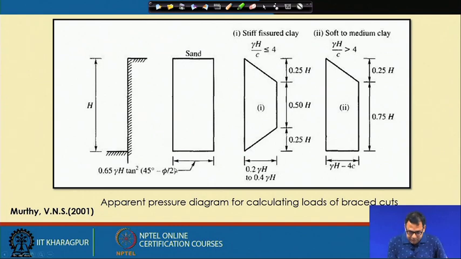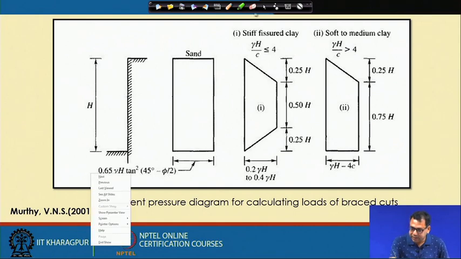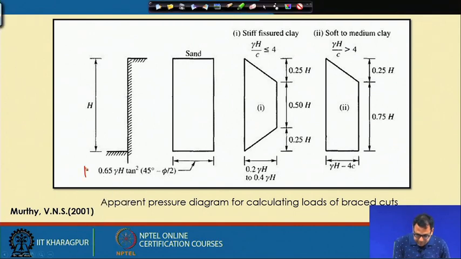If it is sandy soil, this is the distribution, and the value of P A is equal to 0.65 gamma H into K A, where K A is equal to 1 minus sin phi divided by 1 plus sin phi, or tan square of 45 degree minus phi by 2.